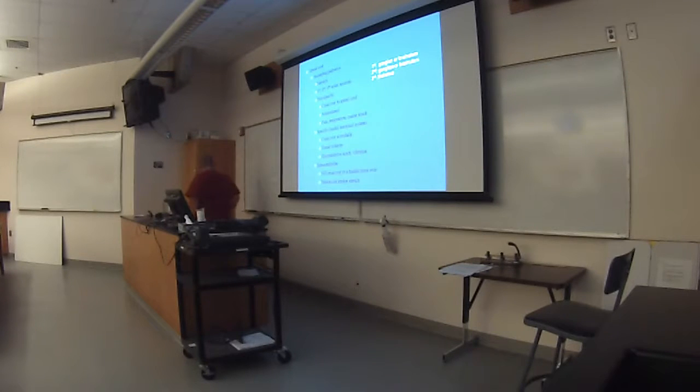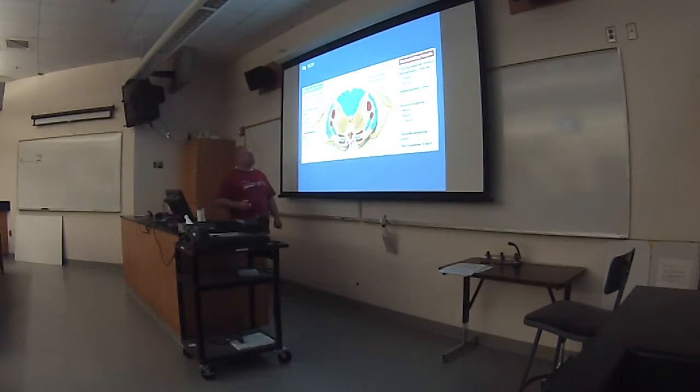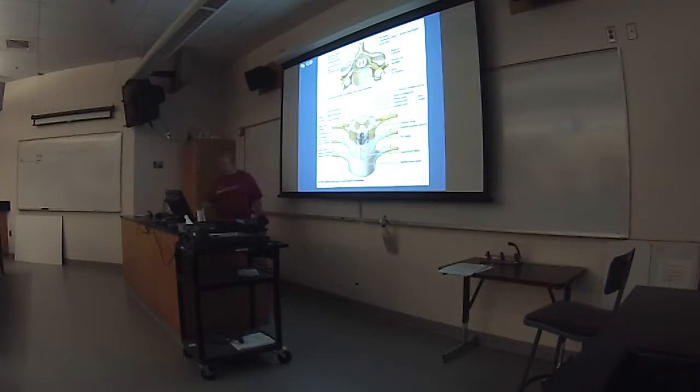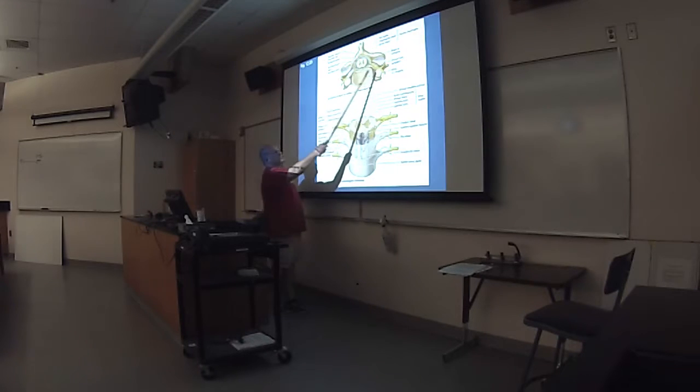So when we talk about a third order neuron, or excuse me, a first order neuron, a first order neuron is basically going to come in from the body, and it's going to go to a thing called a dorsal root ganglion. So that's the structure right here.